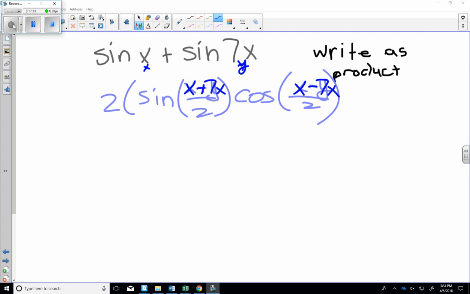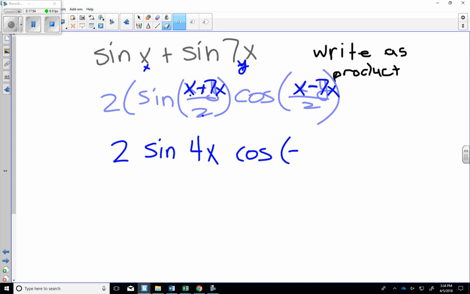All right, so x plus 7x is 8x divided by 2 is 4x. And cosine, and x minus 7x is a negative 6x divided by 2 is negative 3x.